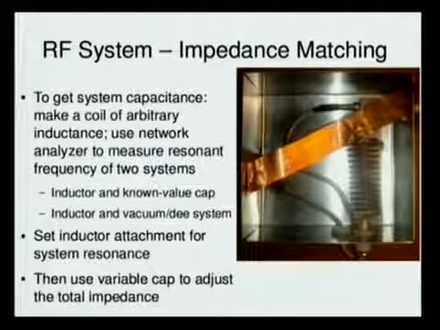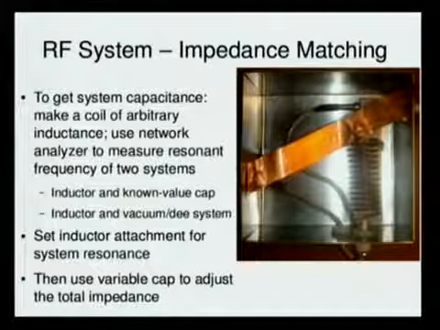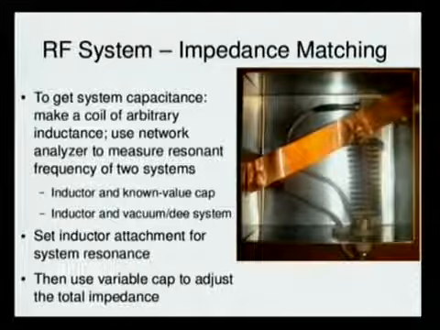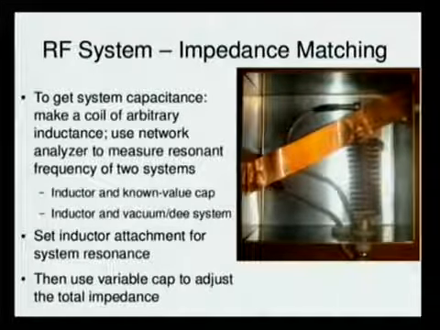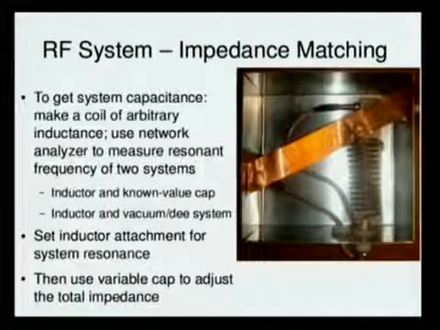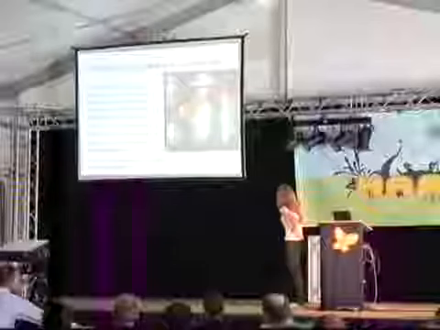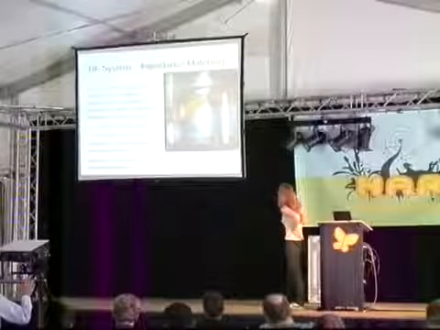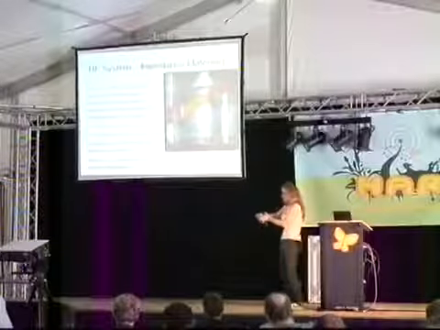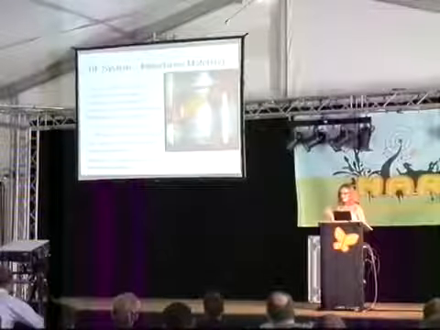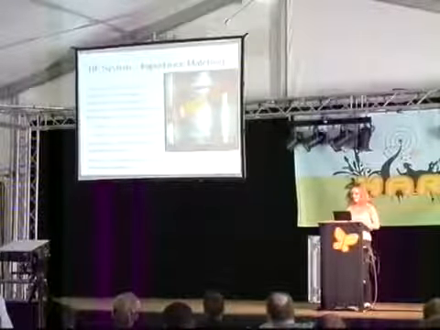You hook your capacitor and that inductor up to your network analyzer, and then with your brazing torch, because that's what you need to attach to something as thick as this reliably, you tap off of the inductor at different points along the coil, so different numbers of turns of the inductor are in your system. Keep moving it until your system is at the frequency it needs to be at. Then you use your variable capacitor to adjust the impedance so it's at 50 ohms, and then you're done.